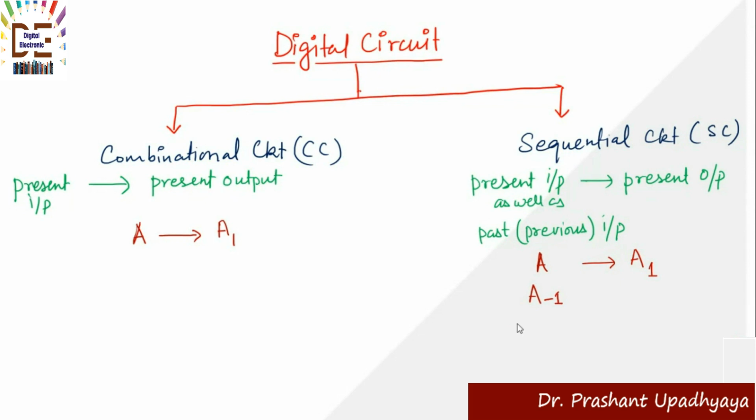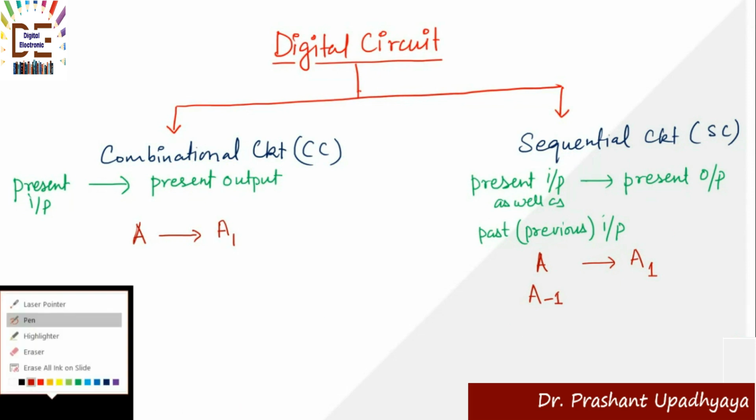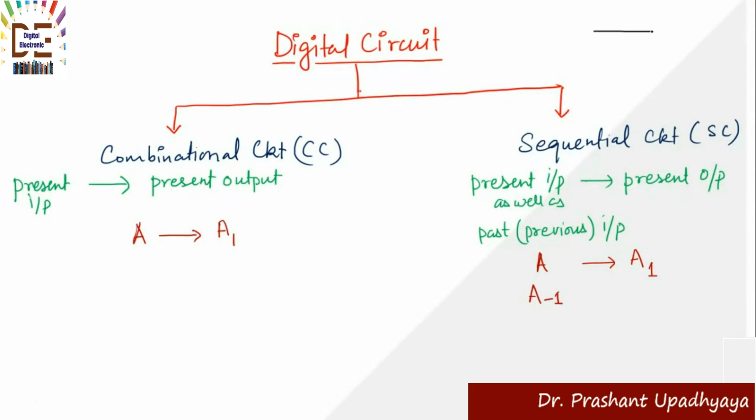Let me make a clearer picture. I hope you have already studied about arrays. Let's say I am writing here x0, x1, x2.